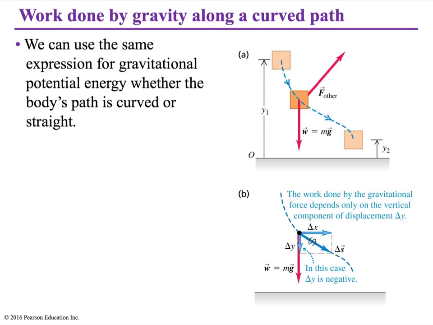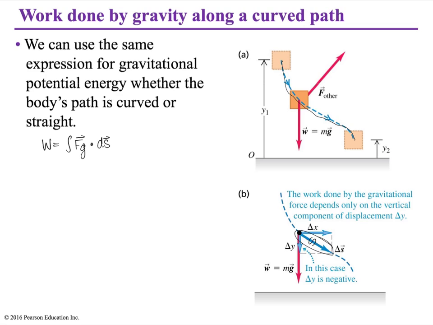So let's look a little bit more about the work done by gravity and sort of emphasize that it doesn't depend on the path. In this situation, we're imagining moving from an initial point to a final point, but we're going along this curved line. And so we are going to look at this expression as the force of gravity times ds, because of the fact that the ds is representing the fact that it's along the path.